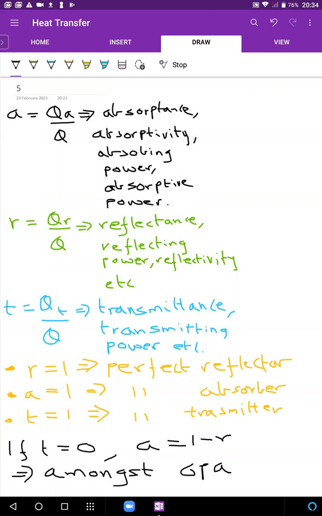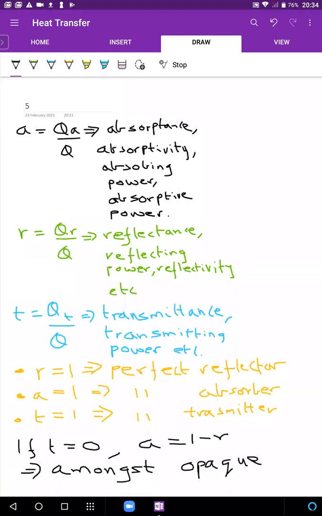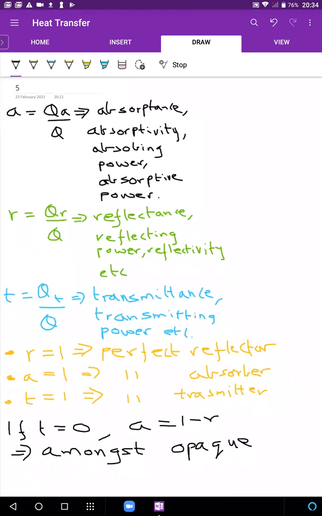If A is higher, then R is lower. Amongst opaque bodies, good absorbers are bad reflectors.